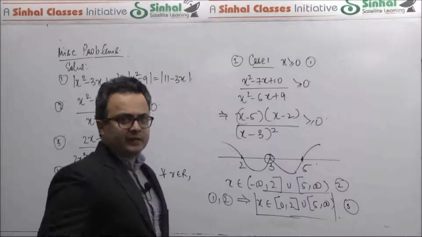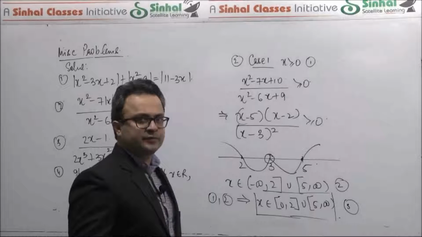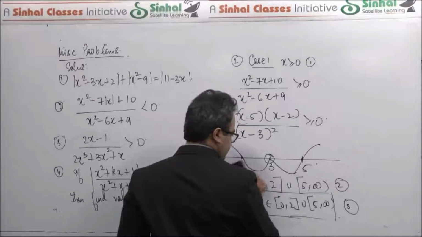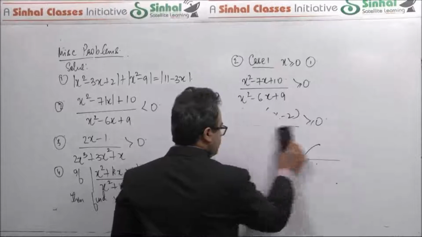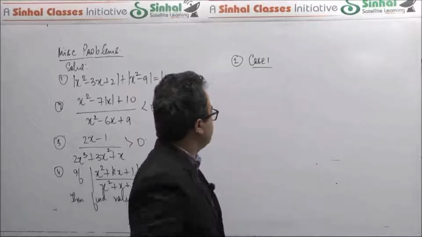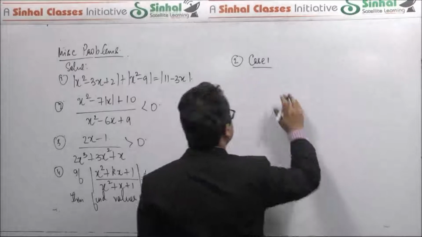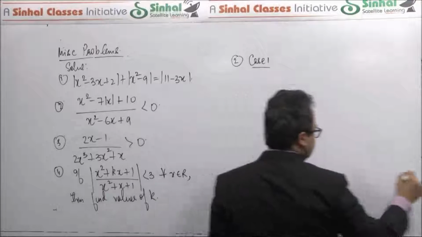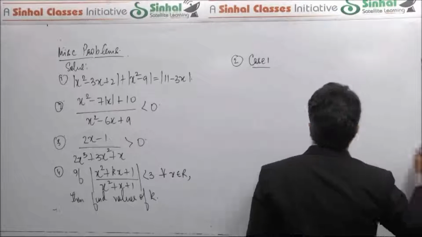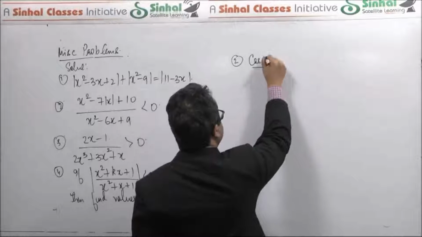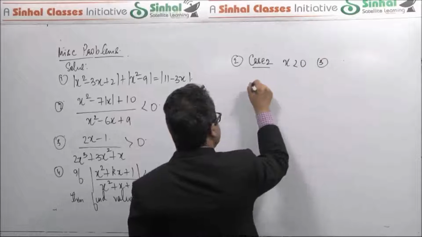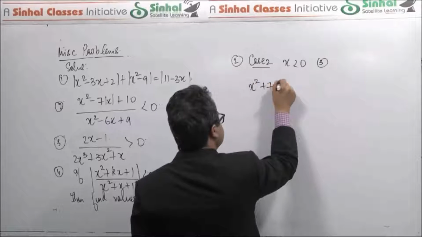A second case that we'll now have to take is that x happens to be negative. So again, if x is negative, then mod of x is minus x.